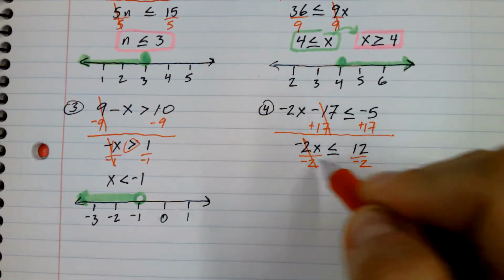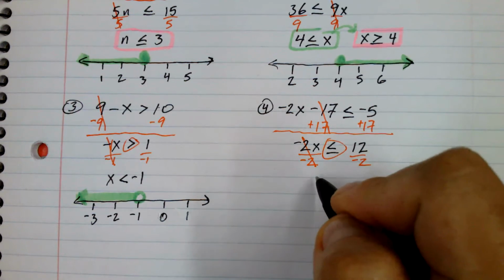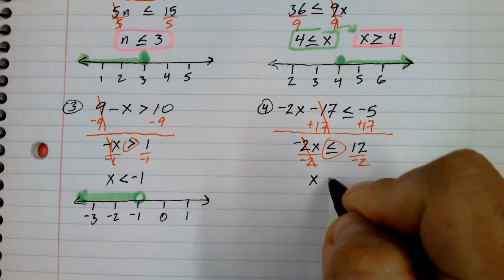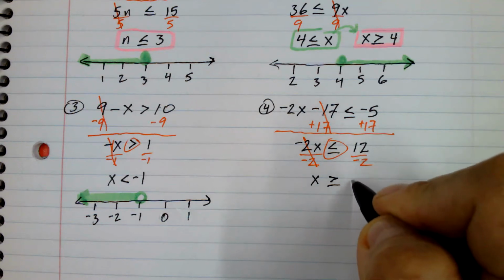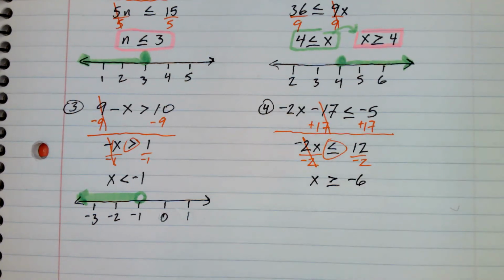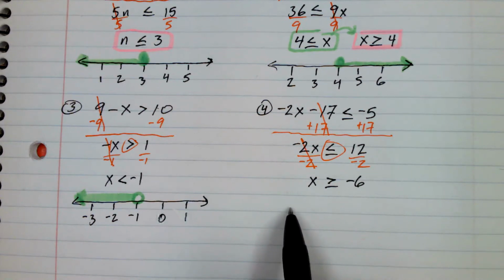So there's a catch though. We divided by a negative. Circle this. x is greater than or equal to negative 6. So basically we want all real numbers greater than or equal to negative 6.